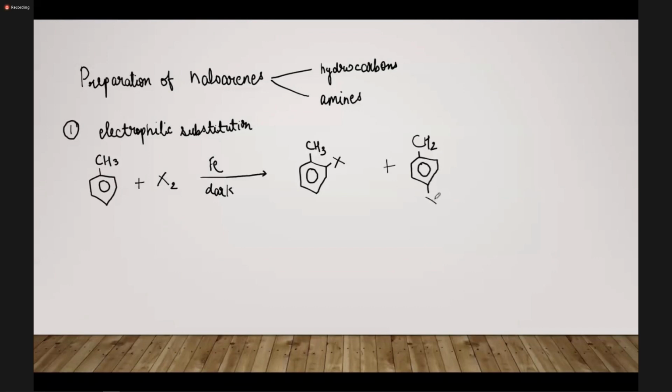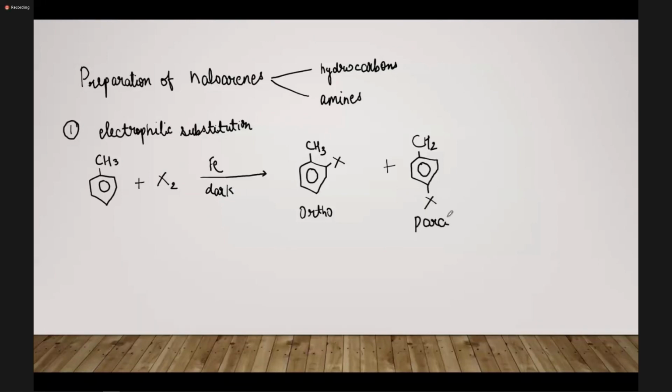So here, this is the halogen. This one is known as the ortho halide, ortho-halotoluene, because this thing is toluene. If this X, the halogen, is chlorine, then it will be known as ortho-chlorotoluene, and this one will be called para-chlorotoluene.